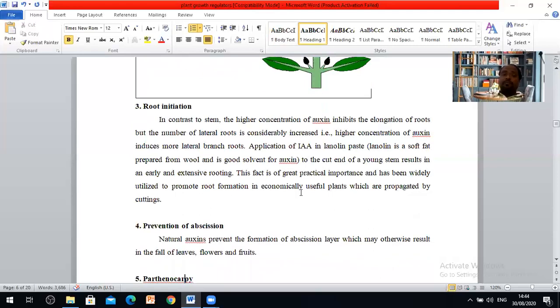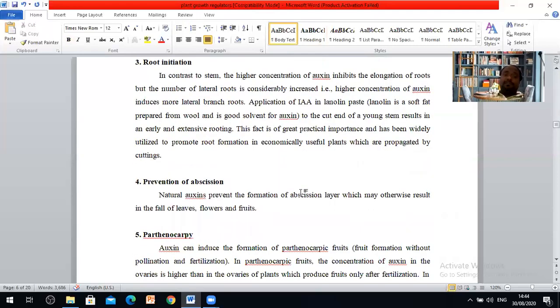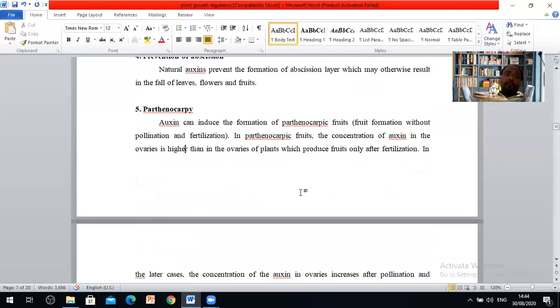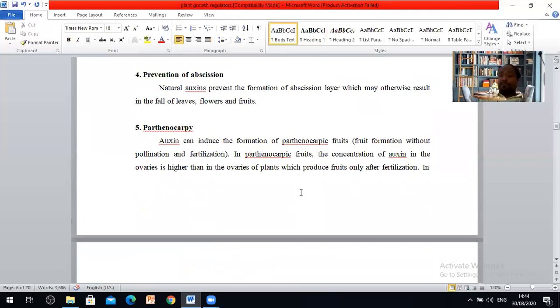Okay, so the next importance is what we call the prevention of abscission. We know that abscission is the process by which the falling down of leaves, flowers and fruits takes place.